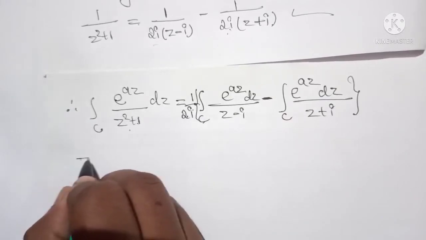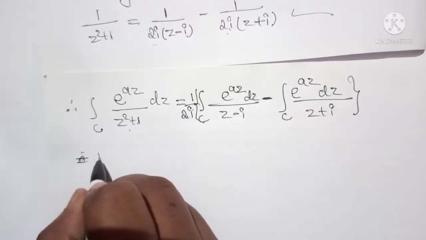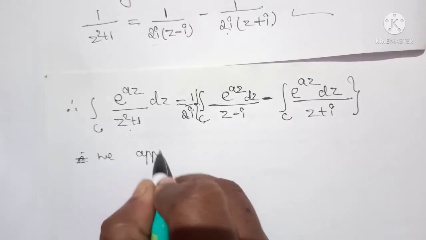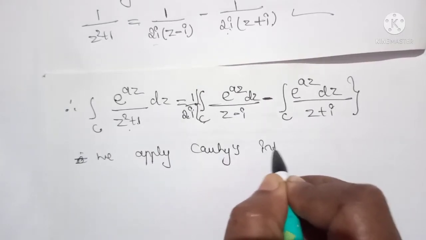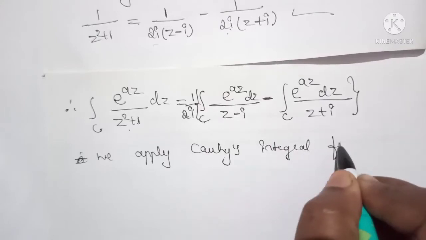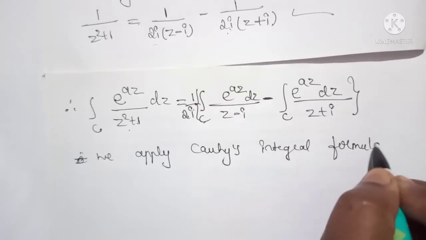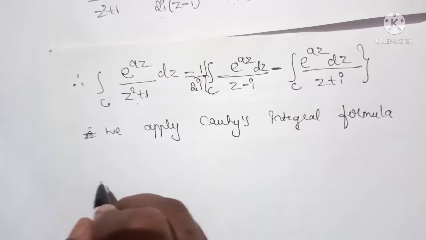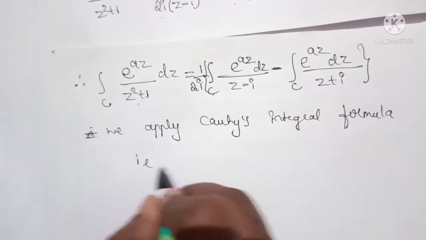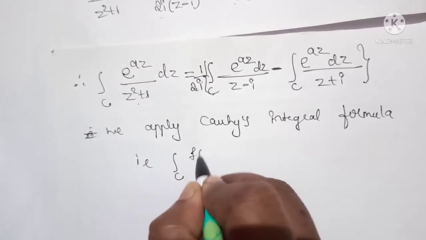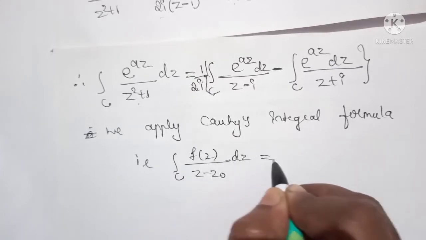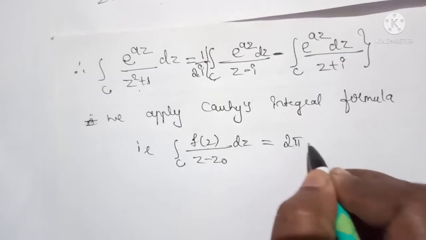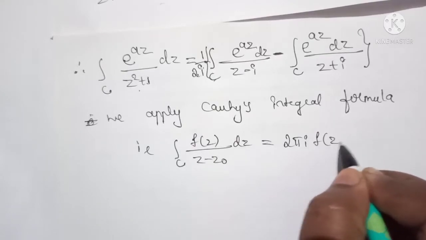So now we apply Cauchy's integral formula. Applying Cauchy's integral formula, that is the integral over c of f of z divided by z minus z naught dz equals 2 pi i f of z naught.